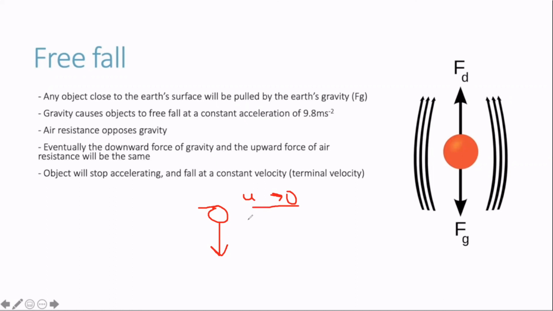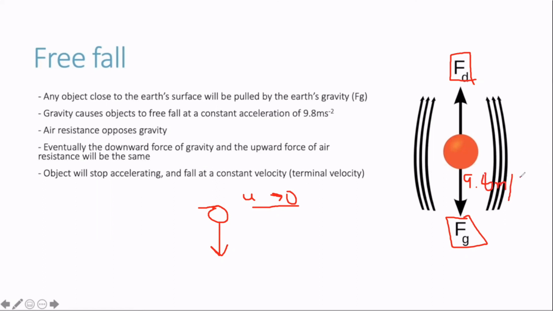the force acting on it is gravity. As we are throwing it in the air, you can see an F_D here. Air resistance is opposing the motion, but the force of gravity, which always acts downward, makes any object accelerate at 9.8 meters per second squared.